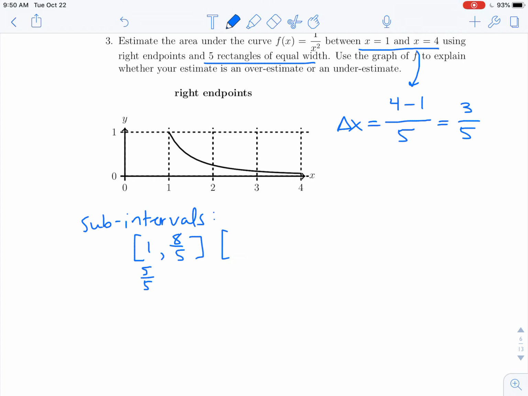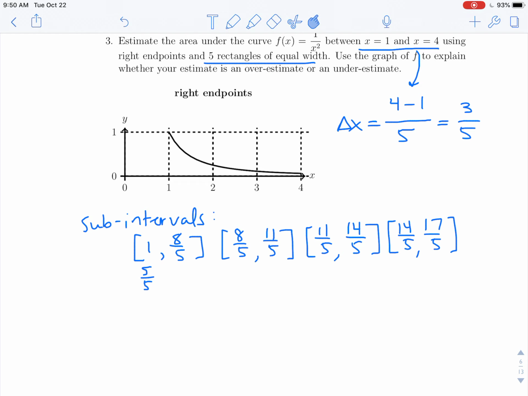And then the next subinterval should start at 8/5, and then add another 3/5, so you get 11/5. The next one should start at 11/5, add another 3/5, and go up to 14/5. Next one starts at 14/5, add 3/5, and you get 17/5.